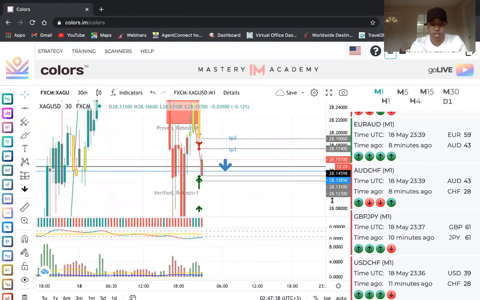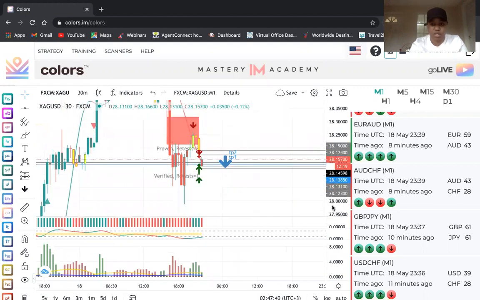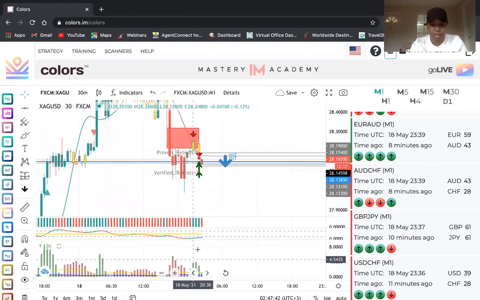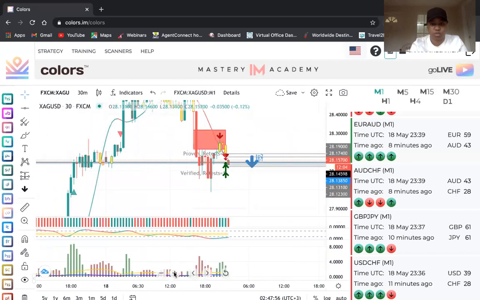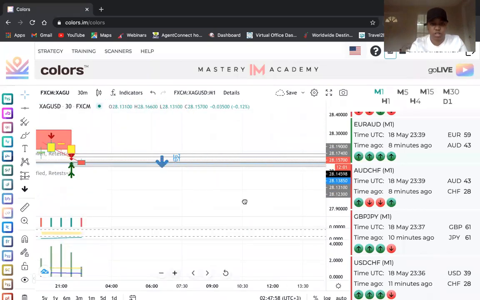So let's see. Can you guys see this? Buyers are in control on the 30 minutes. The sellers are trying to come in, but the buyers are not having it. If I zoom this out, you can see what's happening.